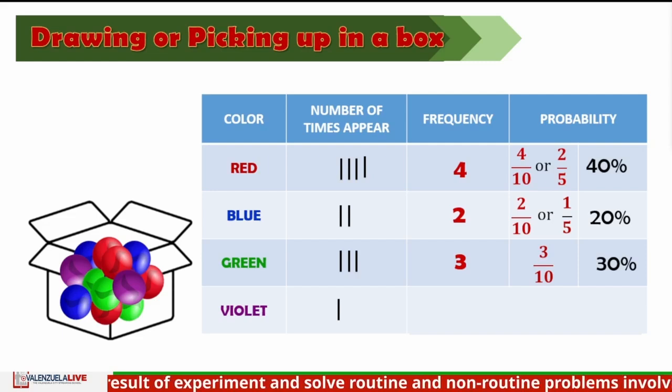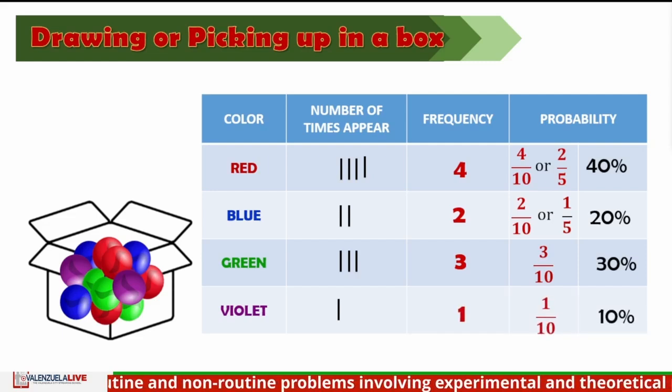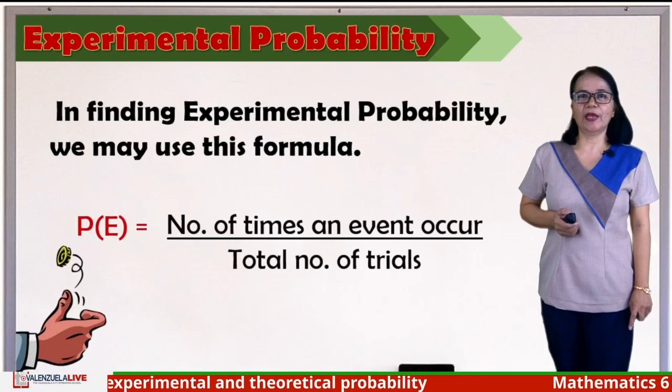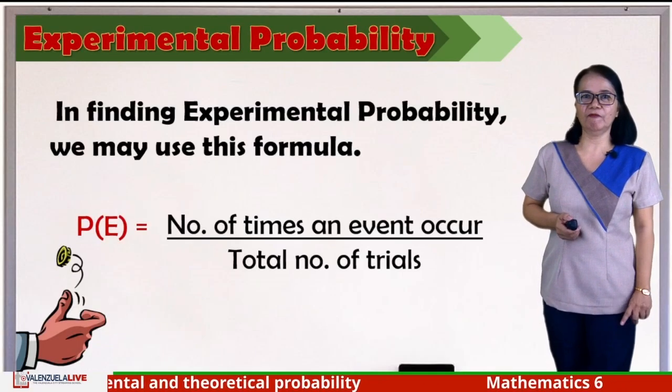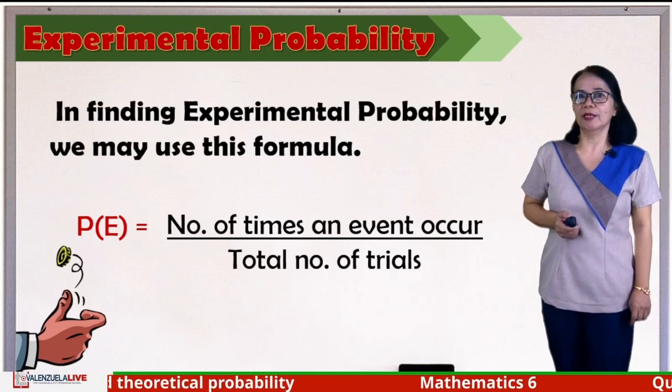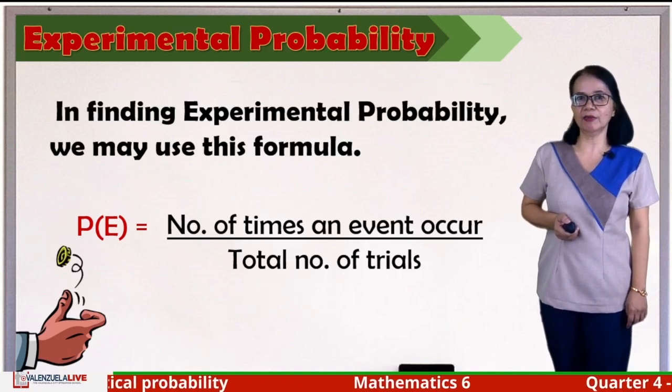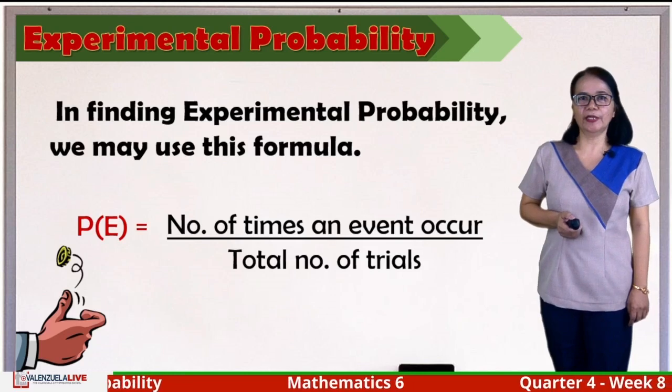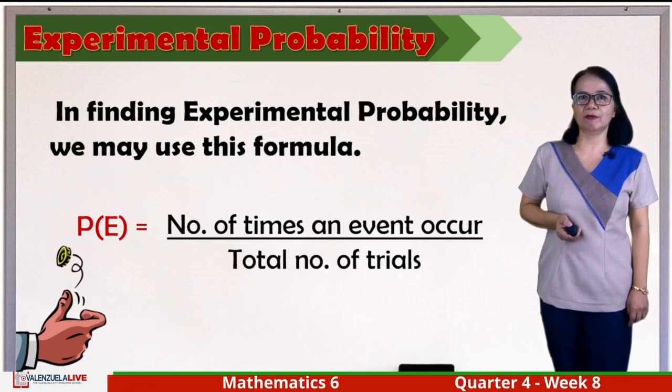The green marbles appeared 3 times, 3 out of 10, 3/10 or 30%. And the violet marble, the experimental probability is 1/10 or 10%. The formula in finding the probability of an event is equal to the number of times an event occurs over the number of times the experiment is conducted.